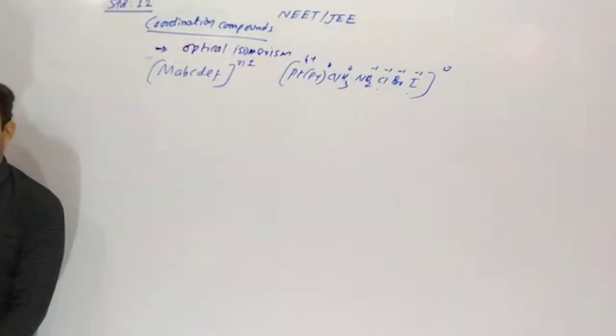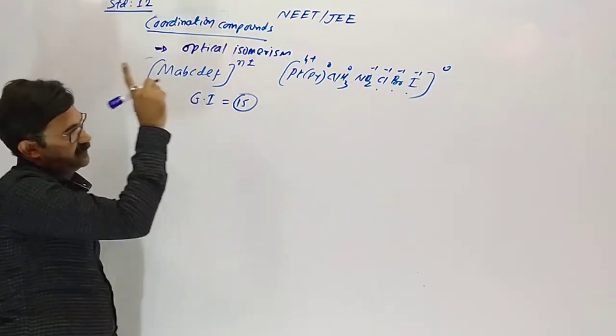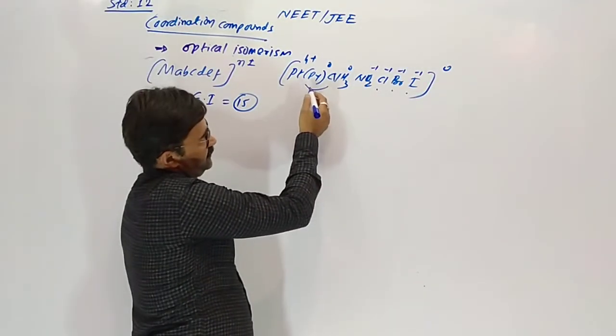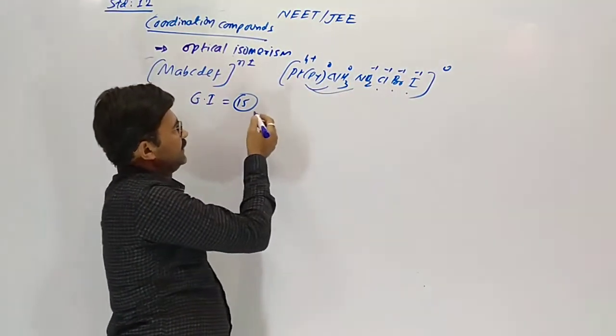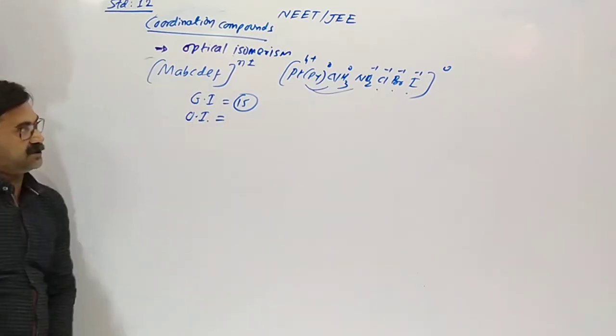The square entity is neutral. We know geometrical isomers are 15, which we will discuss in the last lecture. Pyridine opposite to amine, like this. How many geometrical? Geometrical isomers are 15.